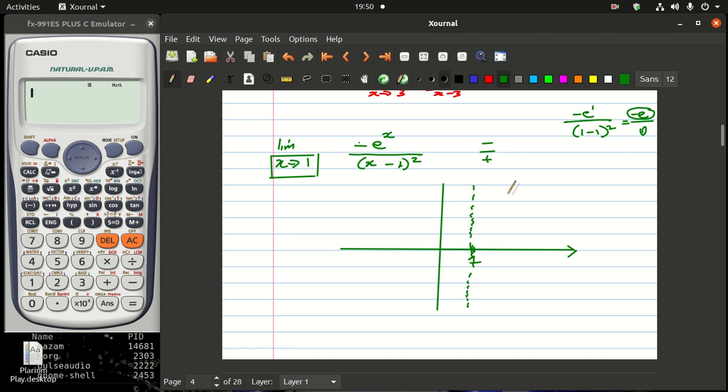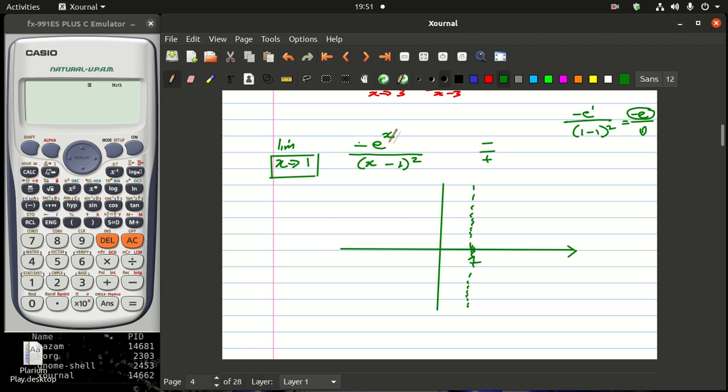If the number is on the right of 1, that number is bigger than 1. So subtracting 1 from a number bigger than 1, I'll get a positive. Squaring a positive number, I get a positive. That's what is important. e to the power x is always increasing. Once you place a minus, it's always going to be decreasing, right?